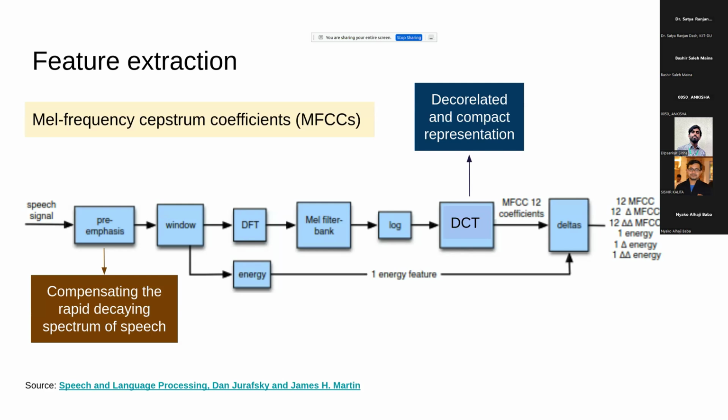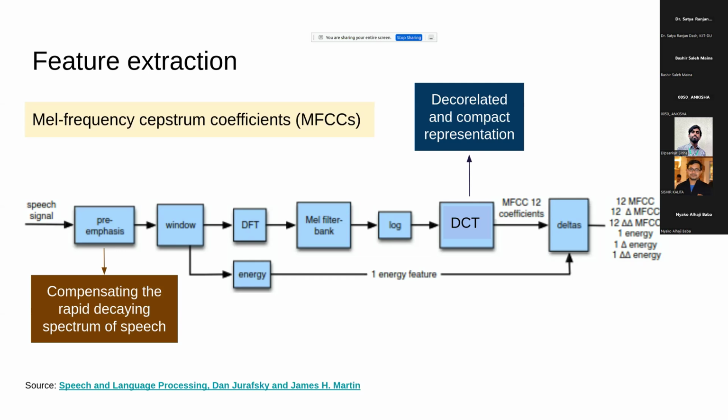What we do to extract features is get some compact representation of the whole speech signal. One widely used representation is the mel frequency cepstral coefficients. If you read a speech signal textbook or course, then you have already studied these features.